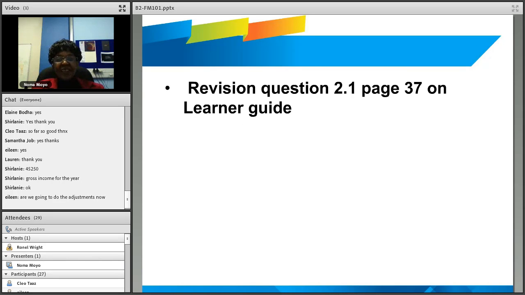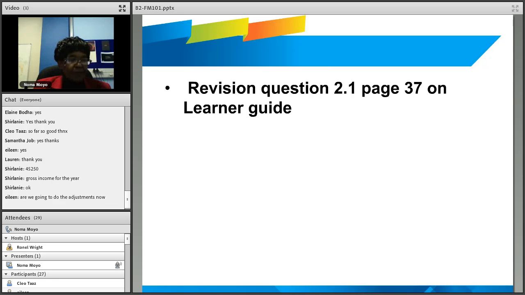Let's look at revision, a question on 2.1, page 37 of the learner guide. Let's look at that.